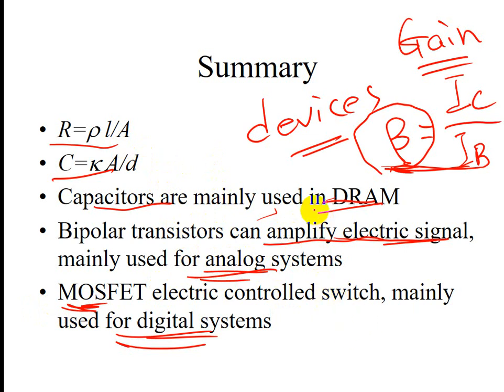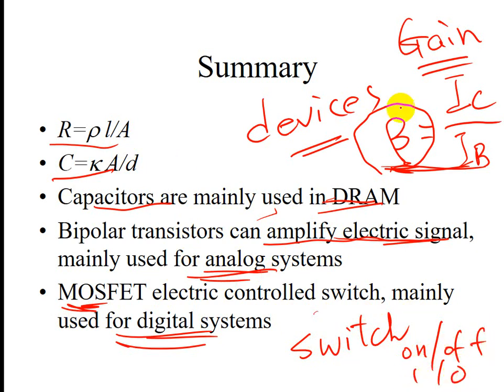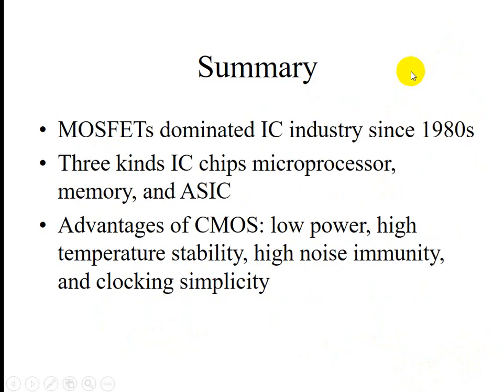Okay, both bipolar junction transistor and MOS are basically switches that can give you on and off signals. That's 1 and 0 for the binary system, for electronic systems. Right now, the MOS is the dominant IC for the IC industry.